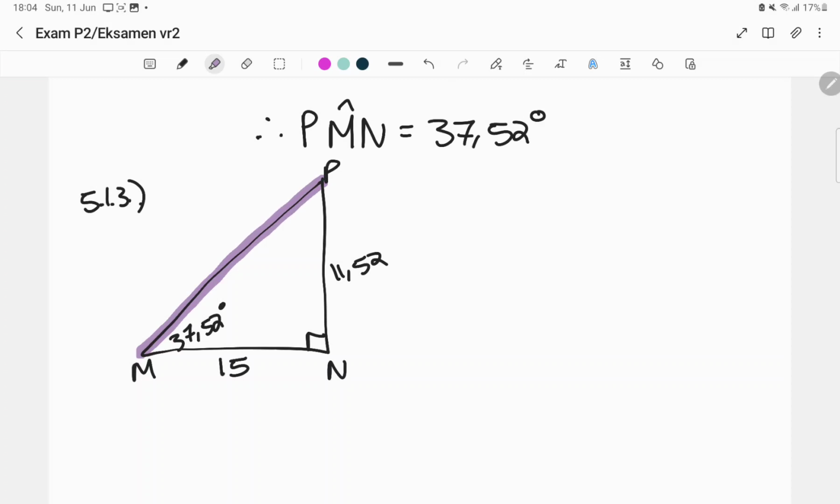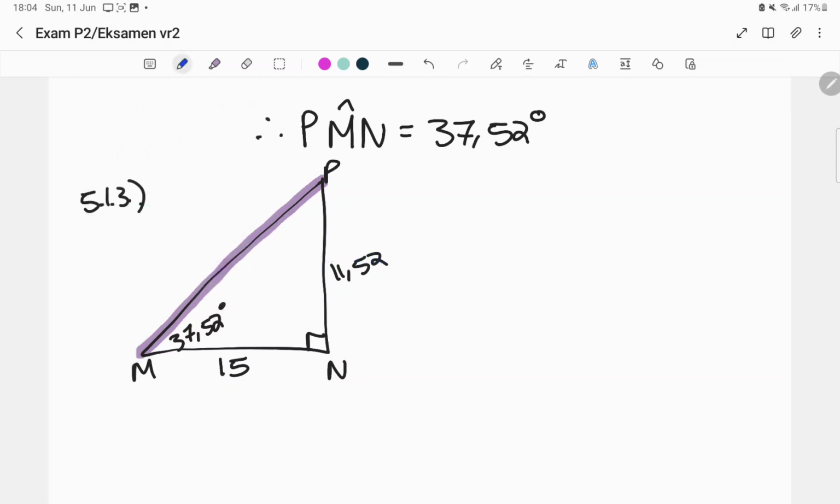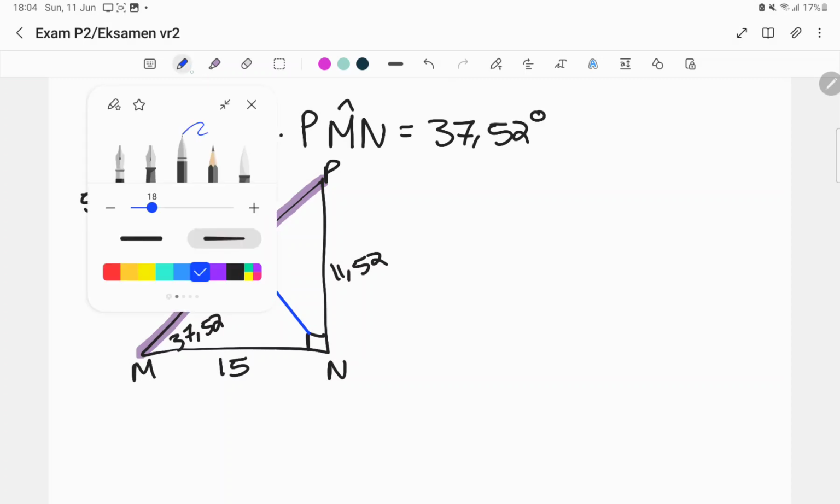Alright, so in this case, we want PM. We already have two other sides. So you have two options. You can either use your trig ratios, or you can do Pythagoras. Alright, so let's use the Pythagoras theorem. So this is my 90-degree angle, which means the side directly opposite to it is my hypotenuse. Die sy direk oorkant my 90 grade hoek is my skynsy.